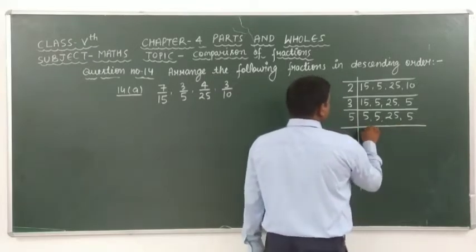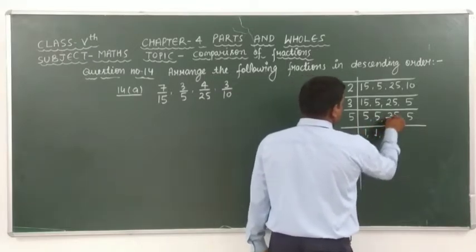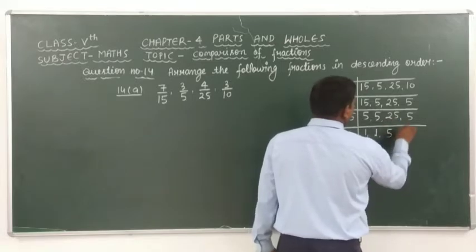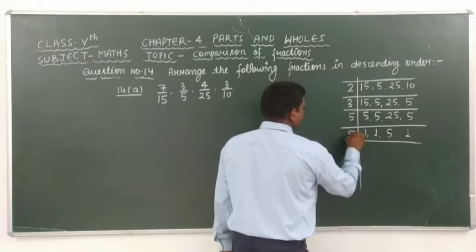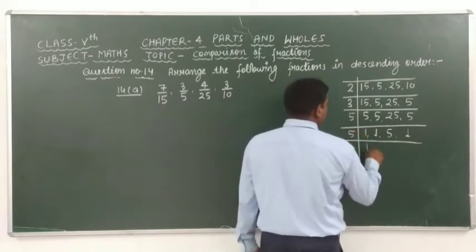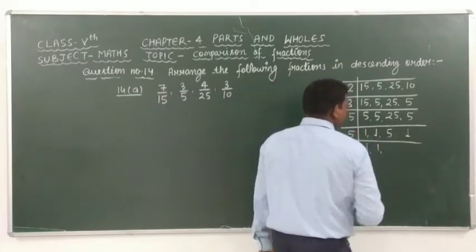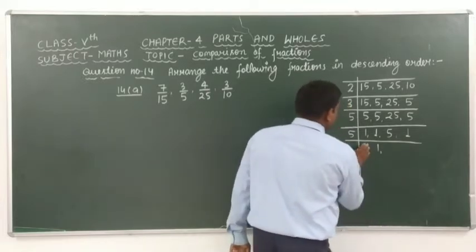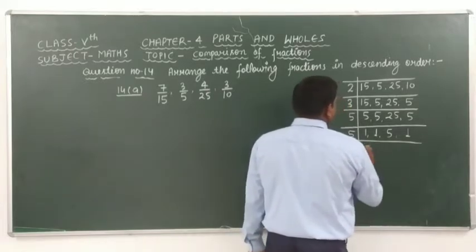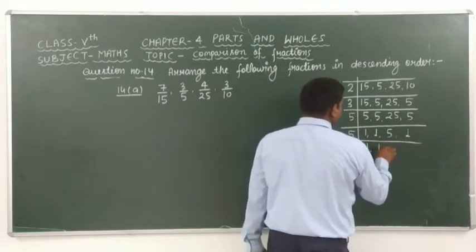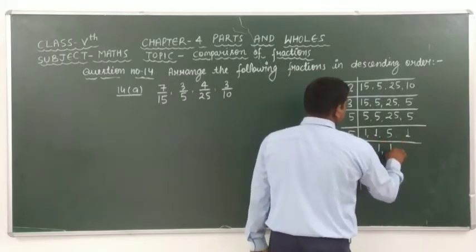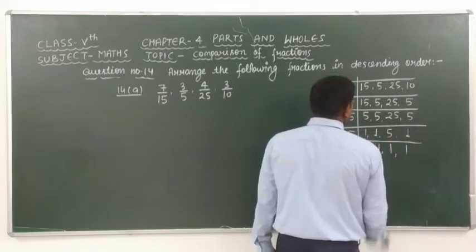Then 5 ones are 5, 5 fives are 25, and again we get 5. Therefore here we take 5 again, and 5 ones are 5, and here we get 1.